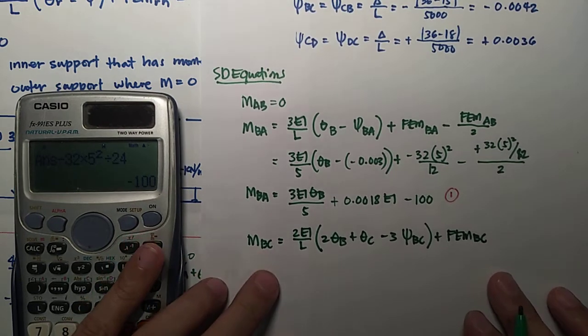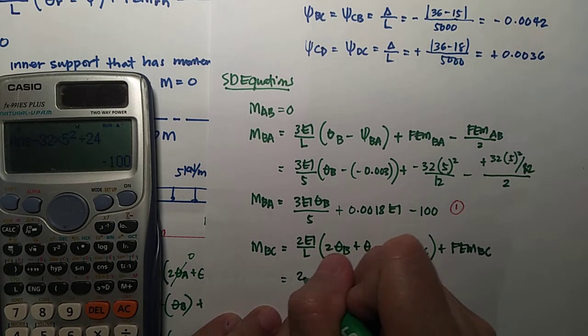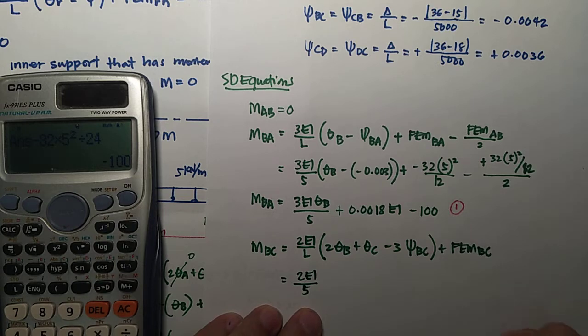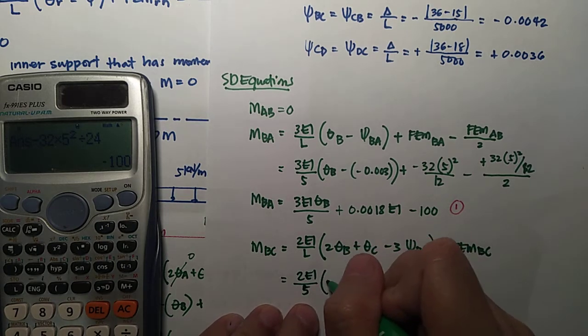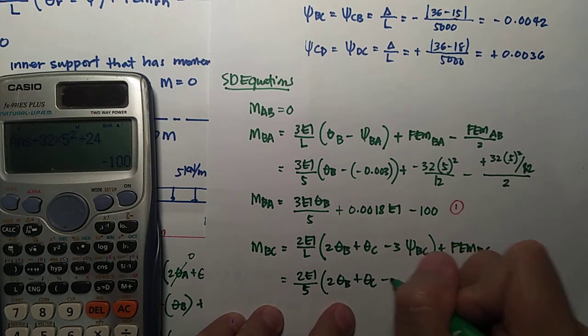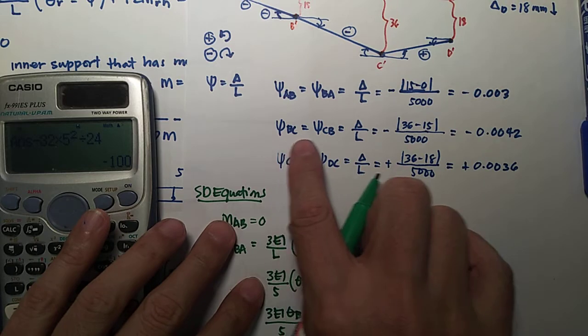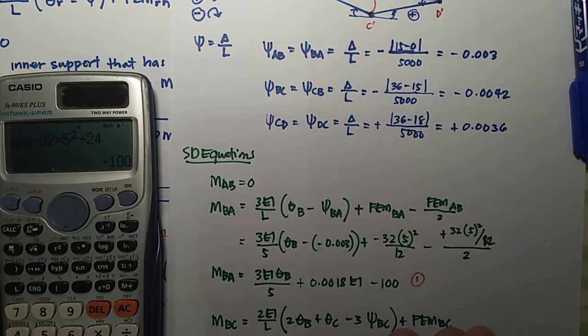So, yan yung equation natin. O, substitute natin. 2EI over L. L is 5 meters. Twice theta B plus theta C minus 3 times what is psi BC? Psi BC, ito. That's negative 0.0042.